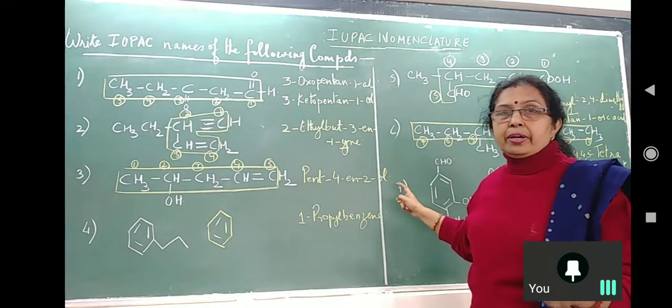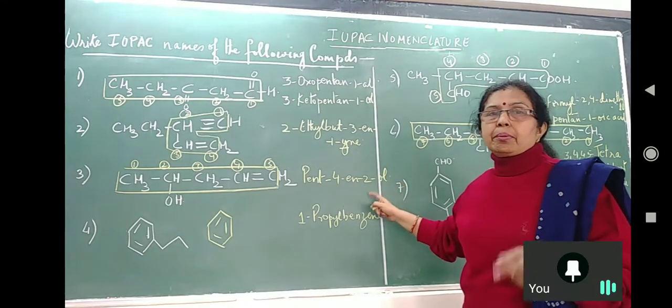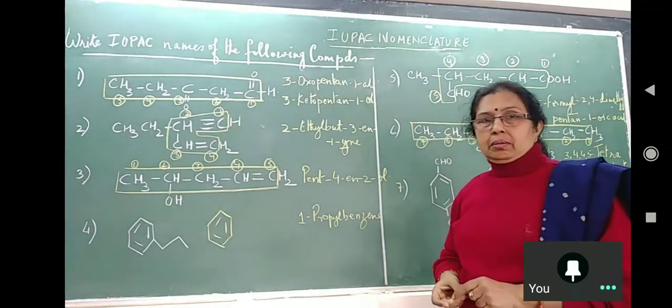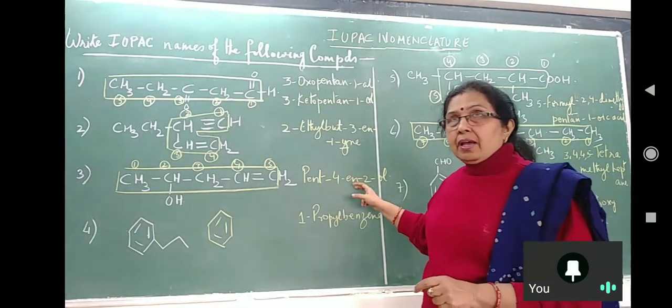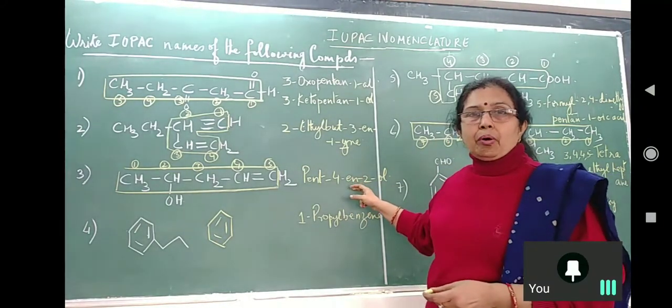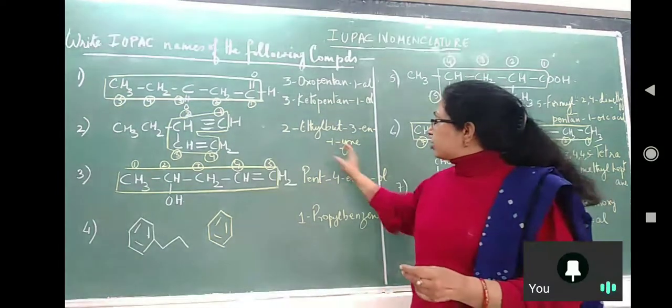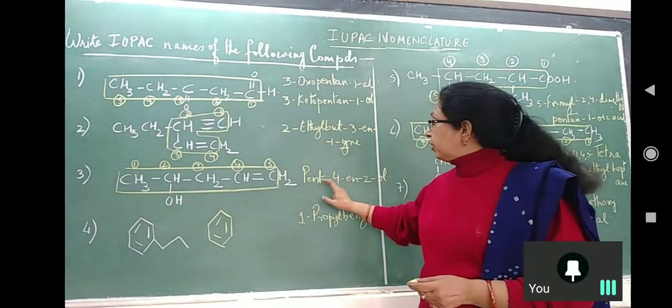In the priority order, alcohol comes before double bond. And there is no prefix for double bond, so it has to be written after the root word.